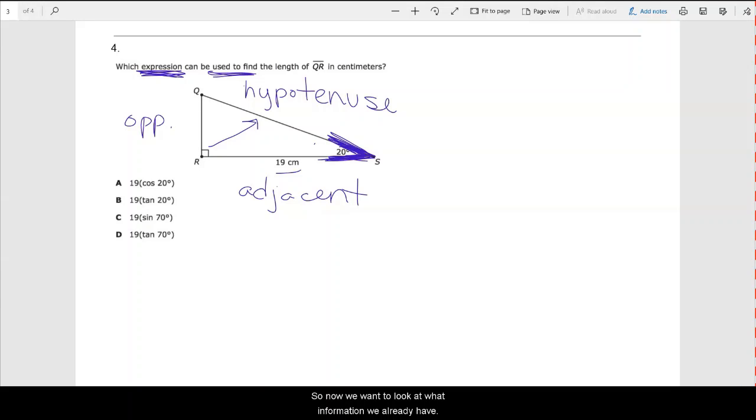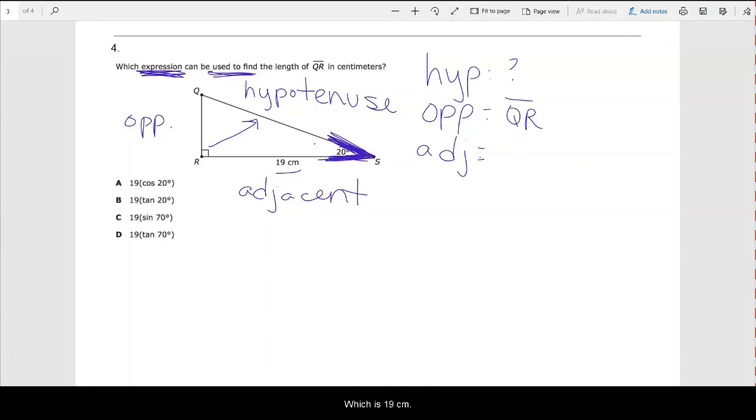So now we want to look at what information we already have. Hypotenuse is unknown. Opposite is line segment QR, which is also unknown but what we are solving for. And adjacent is line segment RS, which is 19 centimeters.